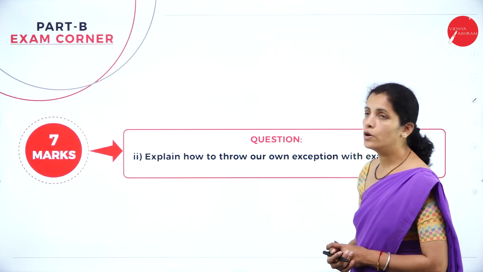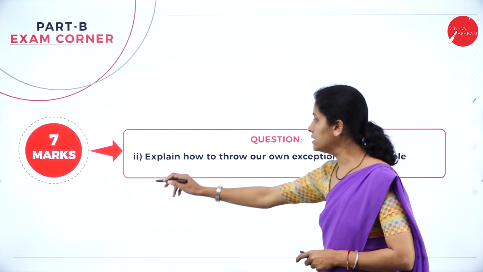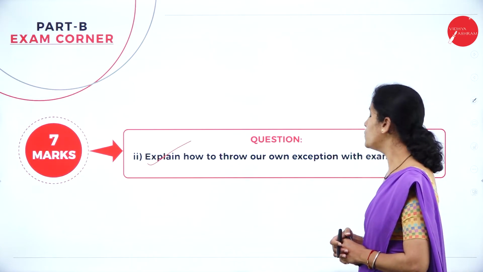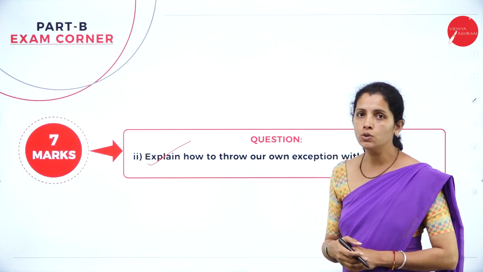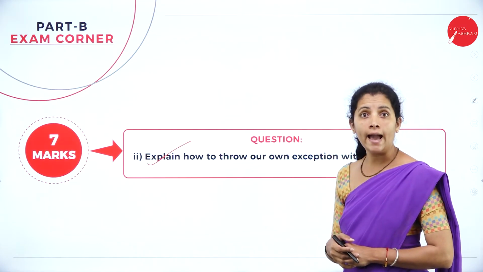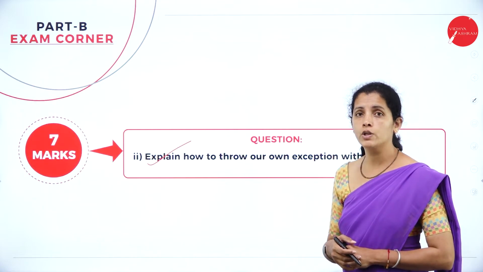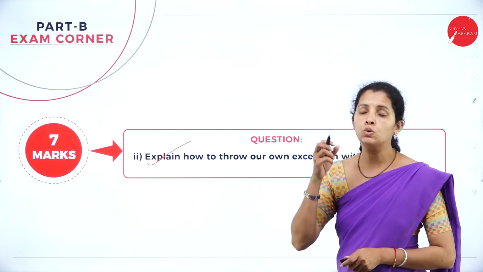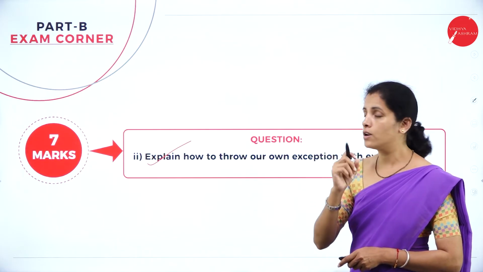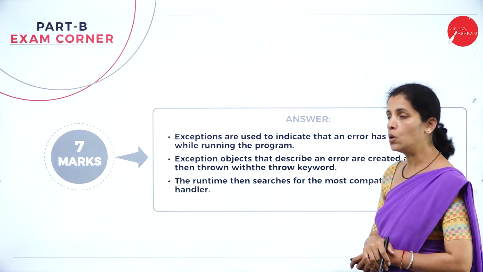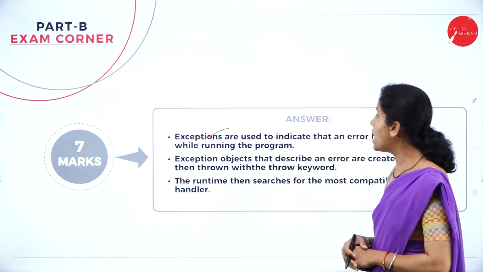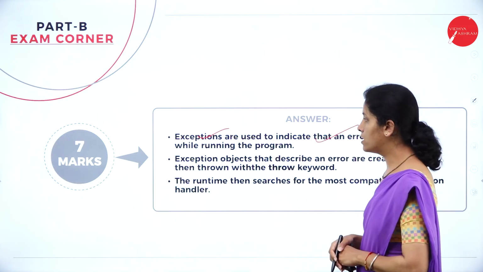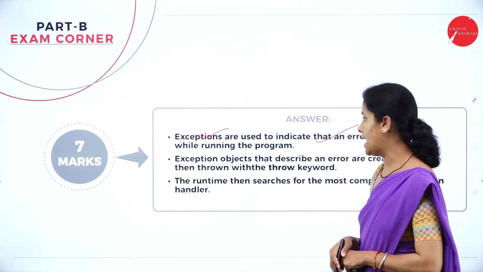Now, dear student, I'm going to have another question: explain how to throw our own exception with example. Here try, catch as well as finally blocks are used to handle the exception. But we can throw our own exception. For that, I'm going to use the keyword throw. Exceptions are used to indicate that an error has occurred while running the program.